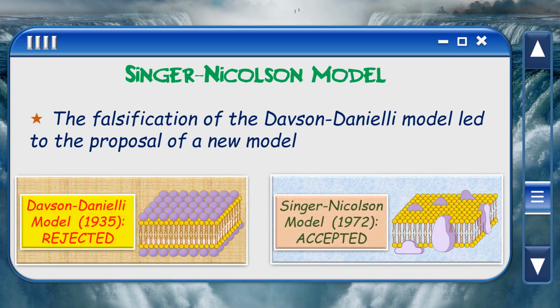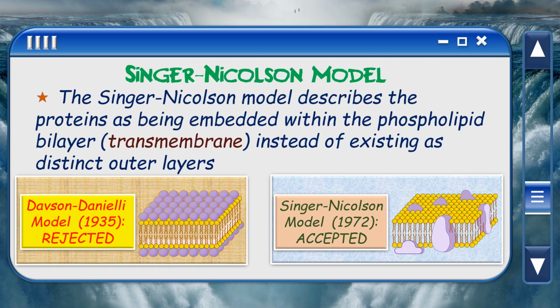Singer-Nicholson model. Because of the falsification of the Davson-Danielli model, a new model was proposed. In the Singer-Nicholson model, the proteins are embedded within the phospholipid bilayer instead of existing as a distinct outer layer, the way the Davson-Danielli model said, that the proteins form their own layer on top and also on the bottom.